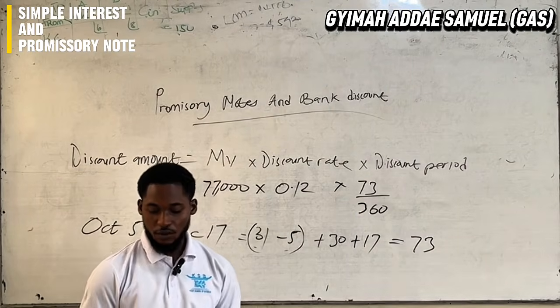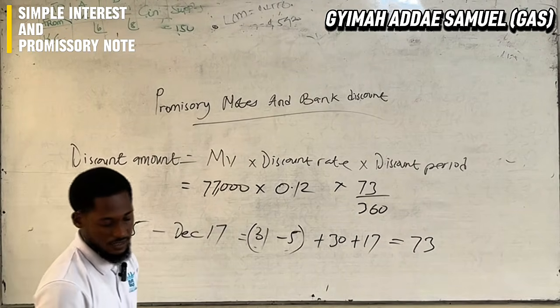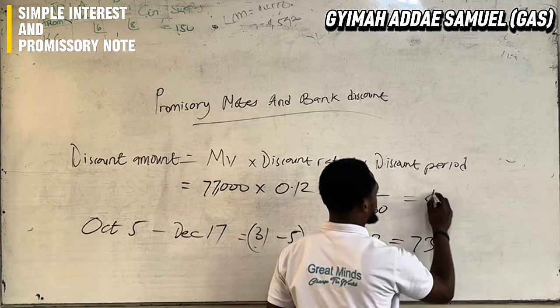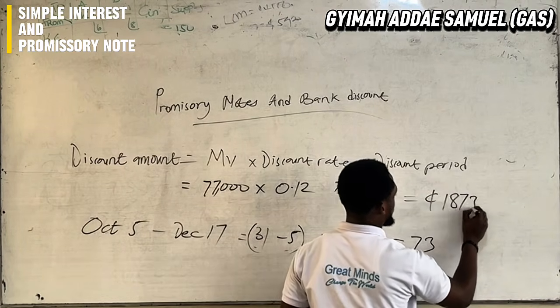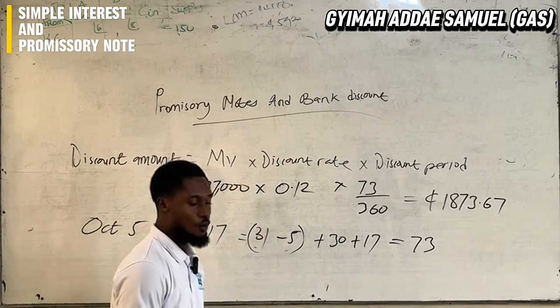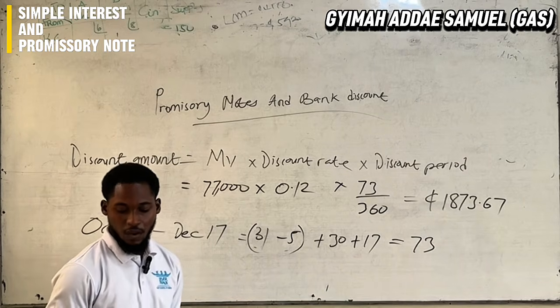And when we compute this, we are getting 1873.67.